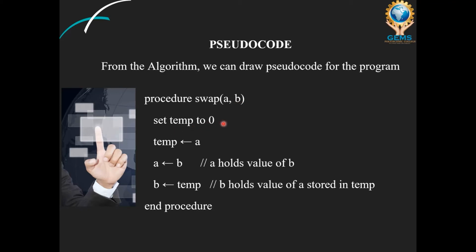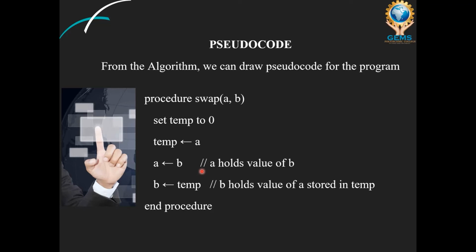That means I set the value of variable temp to 0. The initial value of the temp variable is 0. Now temp holds the value of a, that means a is going to assign its value to temp. The second step says that the b value is going to be assigned to a.